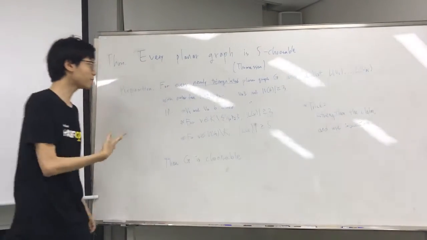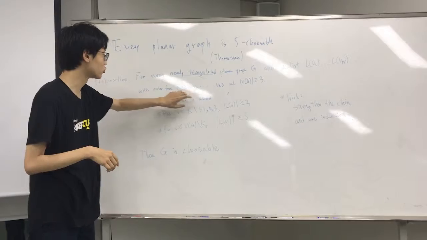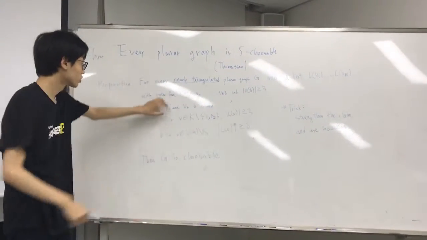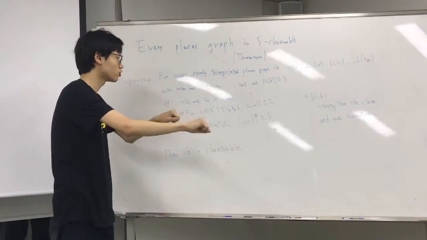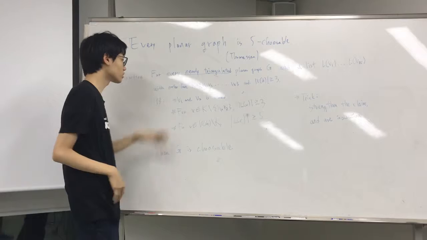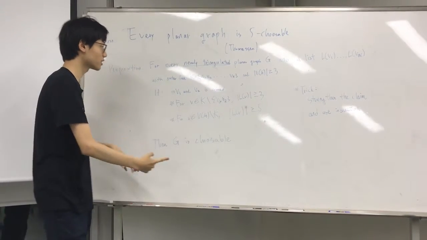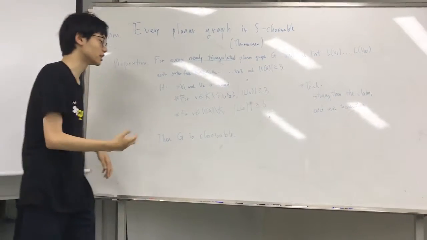So the claim with strengthening is this: the vertices v1 and v2 are in the outer face, in cyclic order. So basically v1 and v2 are two vertices that are adjacent in the outer face. They are colored, and for every vertex that is in the outer face but not v1 and v2, their list is of size at least 3.